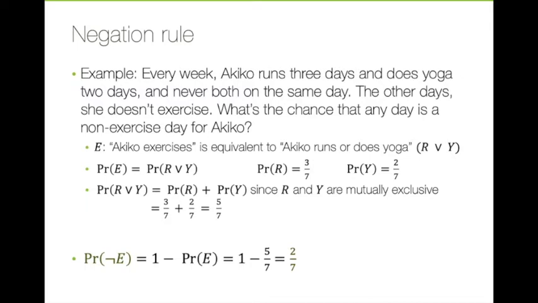That tells us that the probability of not E is 1 minus the probability of E, which is 1 minus 5/7 or 2/7. So the probability that Akiko doesn't exercise on a particular day is 2 out of 7.